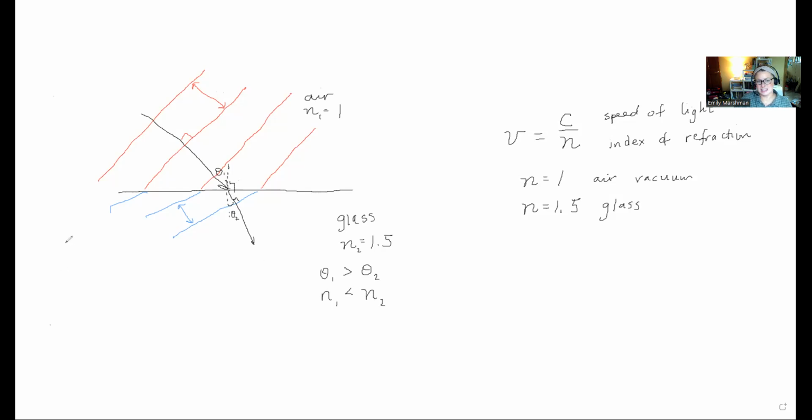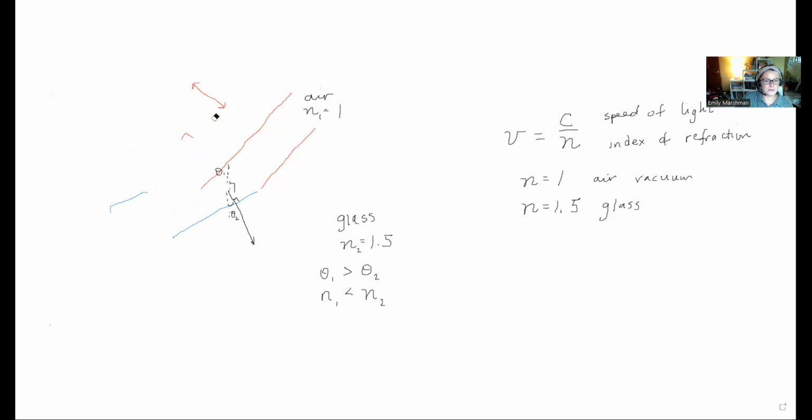And that's because the light is moving at different speeds in the different materials. It's almost like if you've ever looked down at a marching band, and they're trying to go around the bend, you have some of them moving a little bit faster than the other ones to keep pace. You can kind of think about it that way. The wave fronts are shorter here than they are in the air.